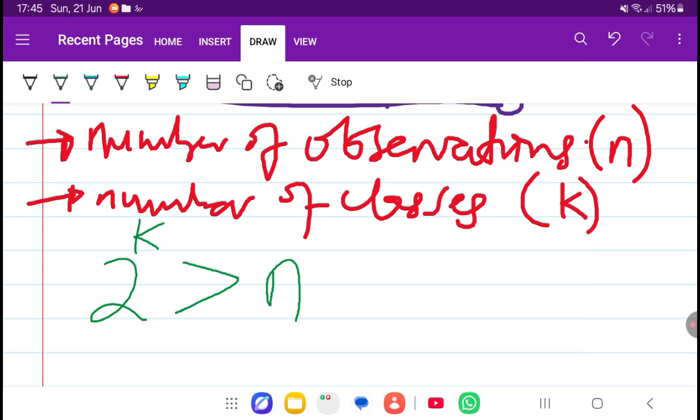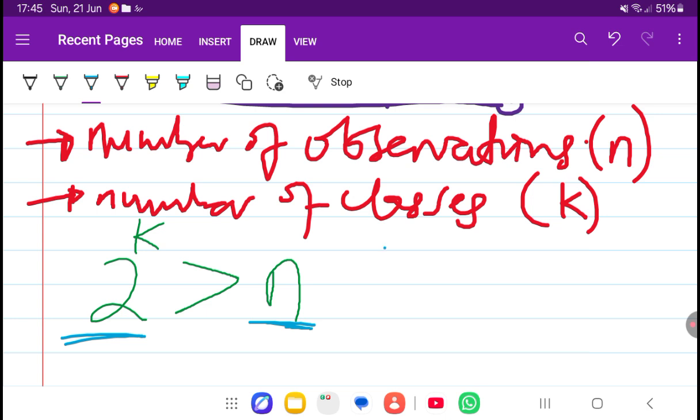So the implication here is that we need to find the smallest exponential of 2, and the value that we get should be higher than our number of observations.